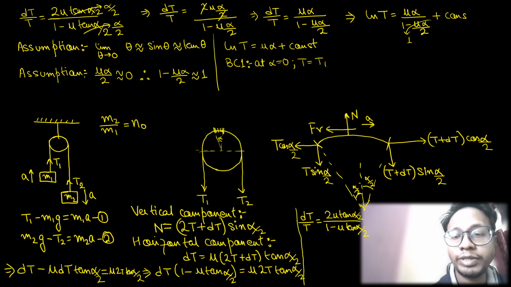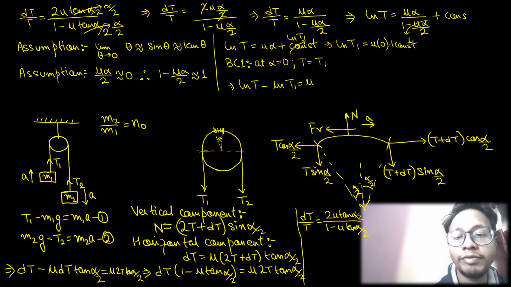So substitute out here: ln T1 is equal to mu into 0 plus constant. So the value of constant is equal to ln T1, because mu into 0 is nothing but 0. So if I modify the equation, ln T minus ln T1 is equal to mu alpha.